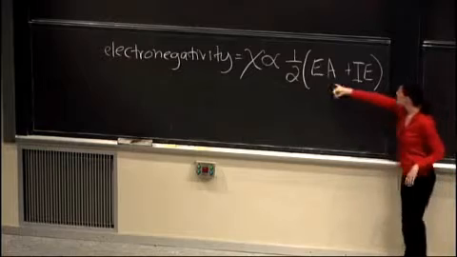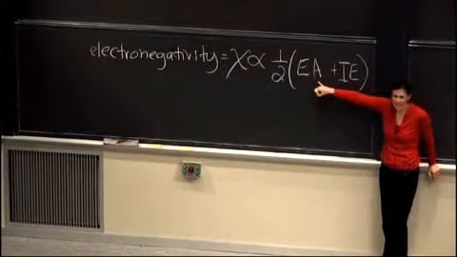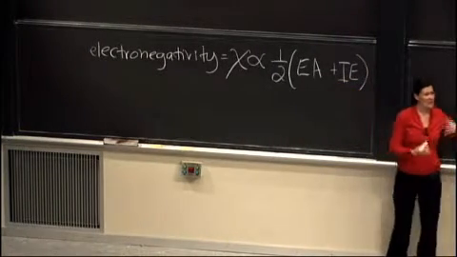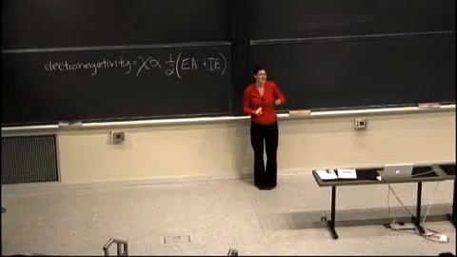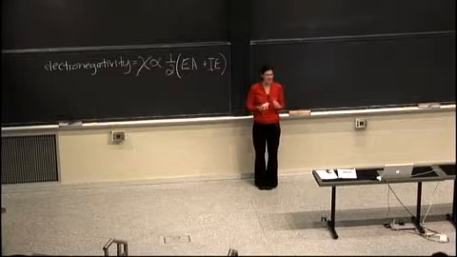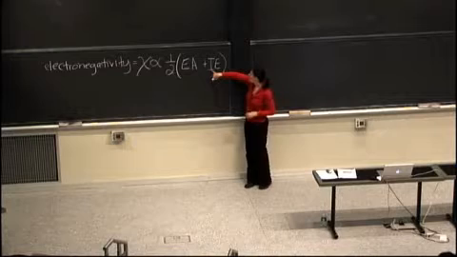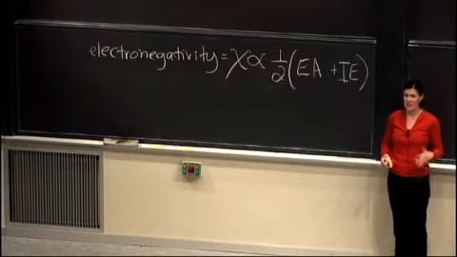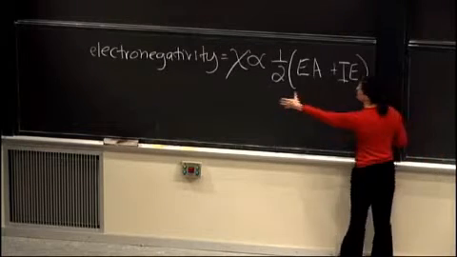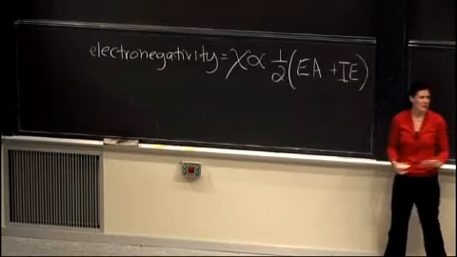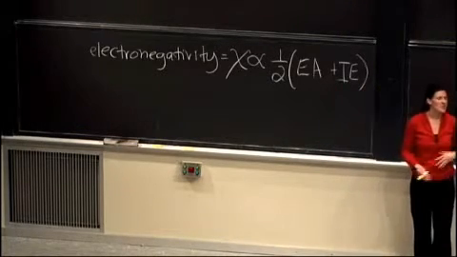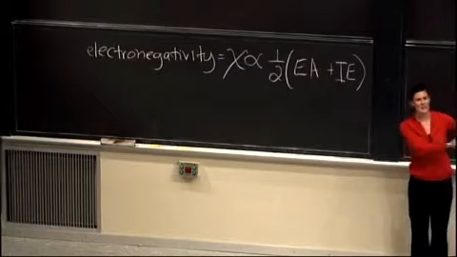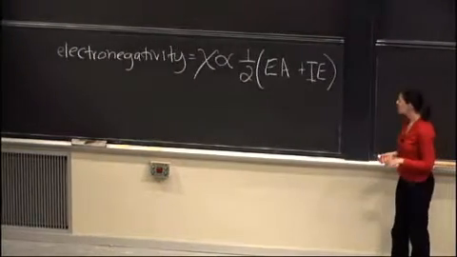This should make sense because if an atom has a very high electron affinity, that means it's really happy taking an electron from another atom or taking a free electron, that's very favorable. If something has a high ionization energy, it means that it really does not want to give up an electron. So you can think about how these two things combined are going to be electronegativity, which is a measure of how much an atom wants to pull electron density away from another atom.